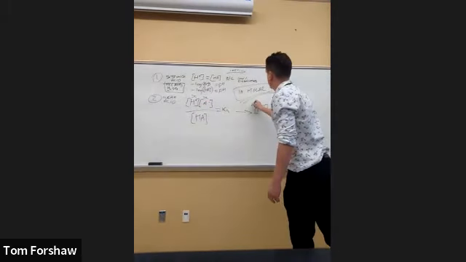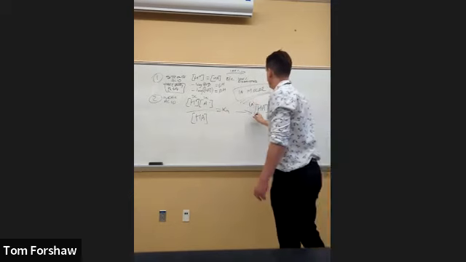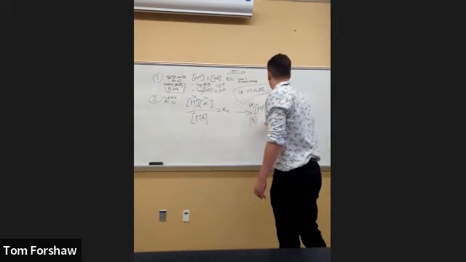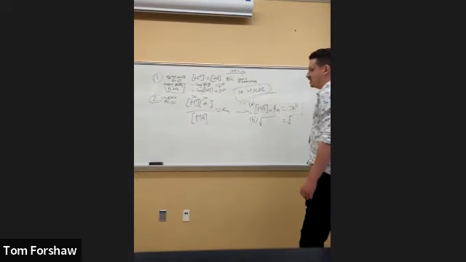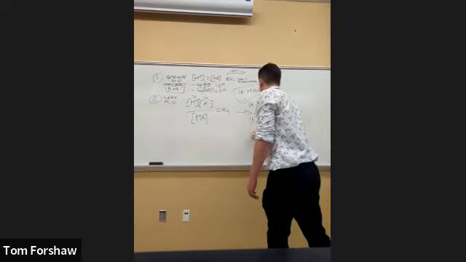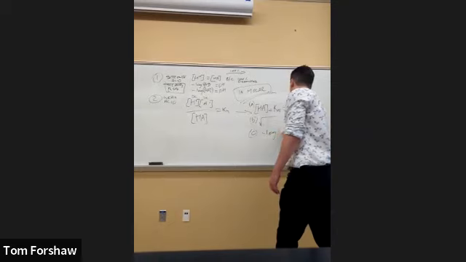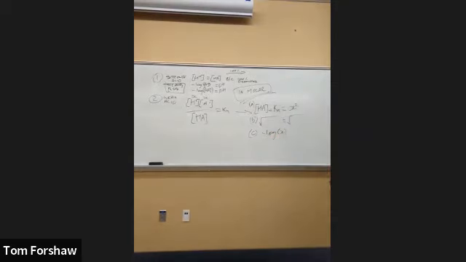Step A, that. Step B is to take the square root of both sides. Step C, take the negative log of x. Now you solve for x. That gives you the pH. So that is the second equation.